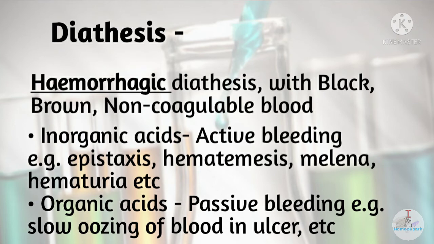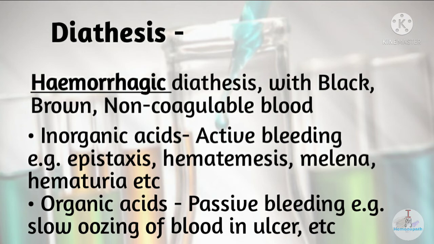Inorganic acids cause active bleeding, for example epistaxis, hematemesis, melena and hematuria. So epistaxis means bleeding from nose, hematemesis means vomiting of blood, melena means dark colored feces or stools as a result of internal bleeding or swallowing of blood. Hematuria means presence of blood in urine.